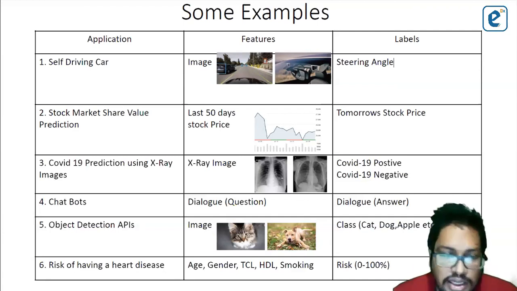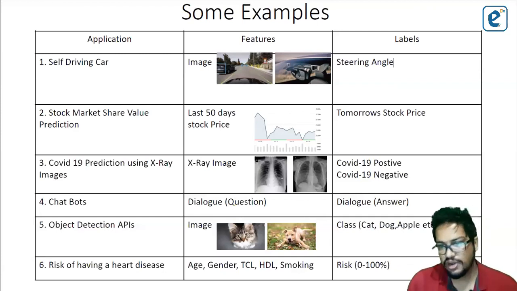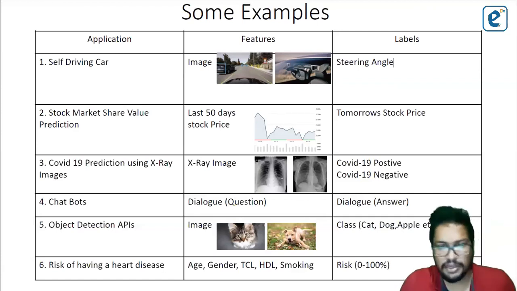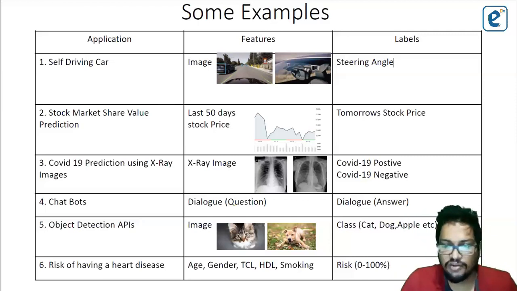So stock market, right? Everything will be done in our course, so you will get a better understanding of these things. For stock market values, we take the stock price over a time period, let's say the last 50 days from today, the stock value of a specific company.